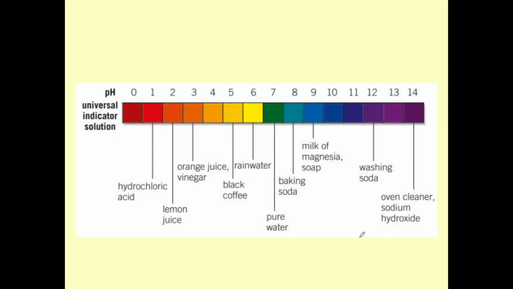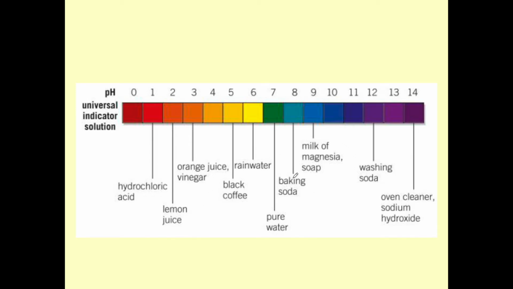So we looked at the pH scale a couple of lessons ago, and we saw some common acids and alkalis. So this is hopefully familiar to you, where we've got our water at 7 in the middle, we've got coffee at 5, orange juice at 3, lemon juice at 2.